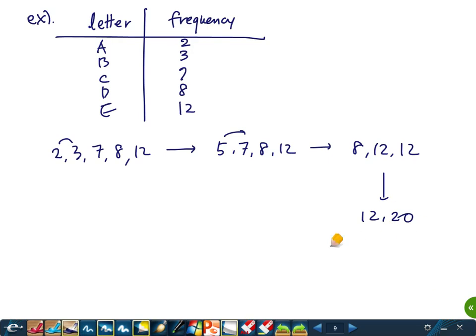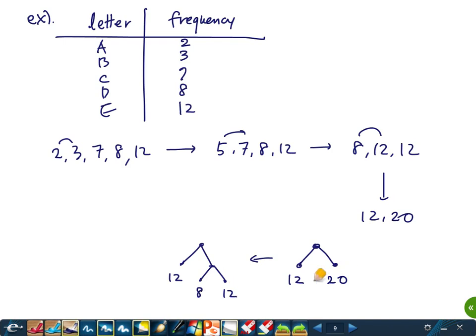Now we can create the Huffman tree for this. The Huffman tree for this is just this, right? So we begin with this. But now, you notice that 20 was obtained by adding 8 and 12, right? So we are going to split this into 2 branches. Here we're going backward, so here is going to be 8 and 12.